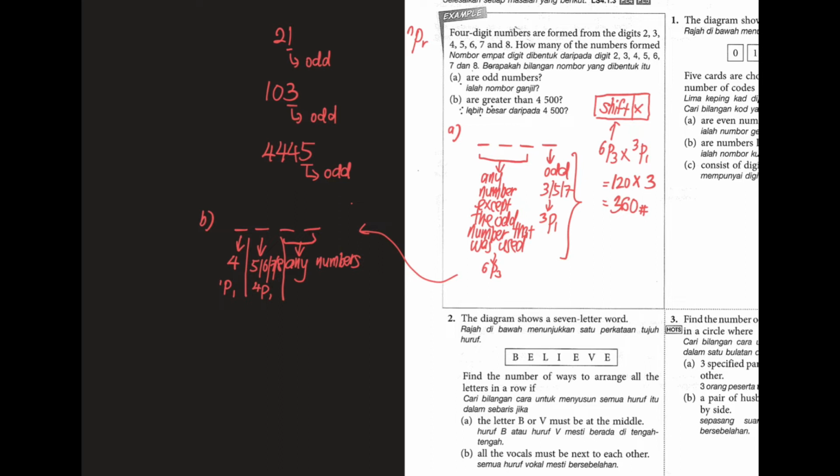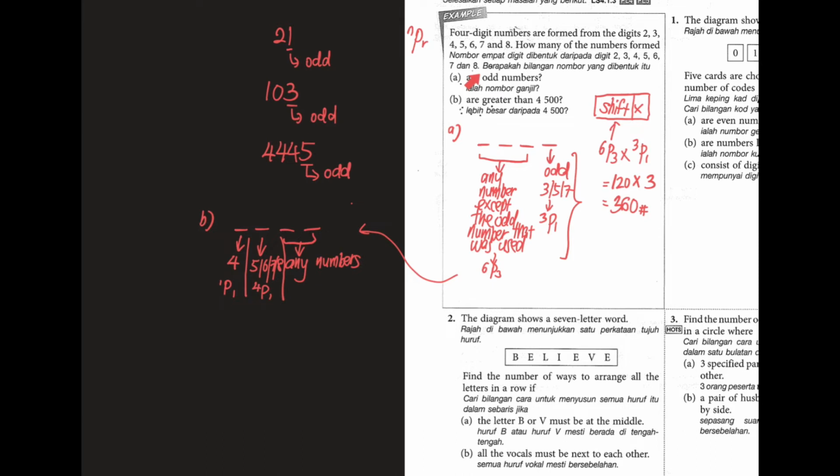Now after using 2 numbers, we have used 2 numbers for the first and second position. So we have to check here again how many numbers remain. We have 1, 2, 3, 4, 5, 6, 7.